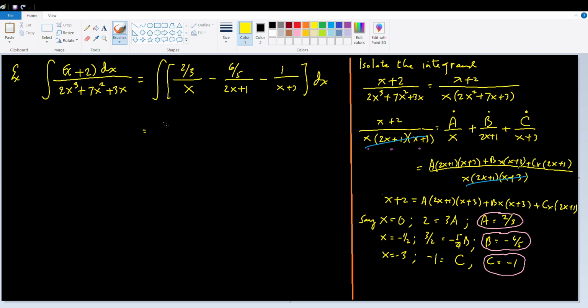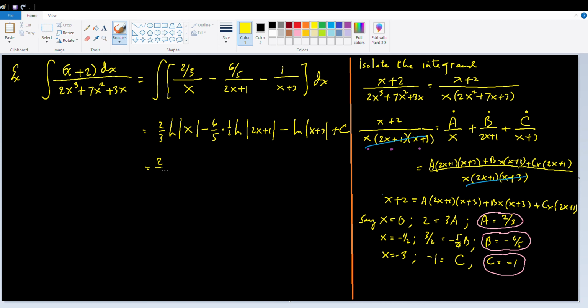So 2/3 dx over x is of course ln of the absolute value of x. Minus 6 fifths: the integral of dx over 2x plus 1, take note, the derivative of 2x plus 1 is 2. So that will be 1/2 ln absolute value of 2x plus 1. Minus dx over x plus 3 is ln of the absolute value of x plus 3 plus c.